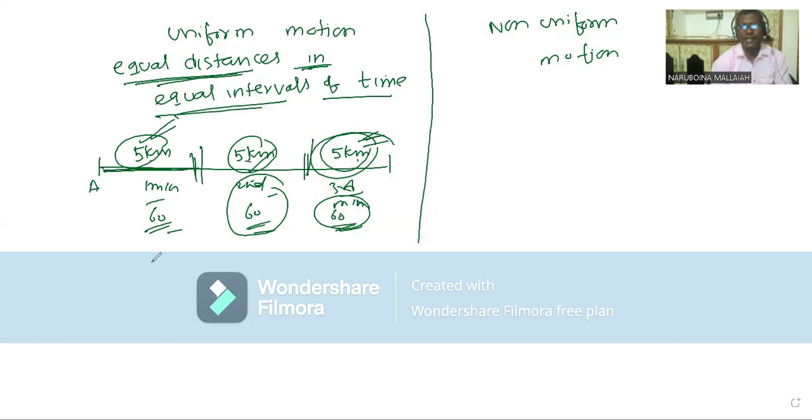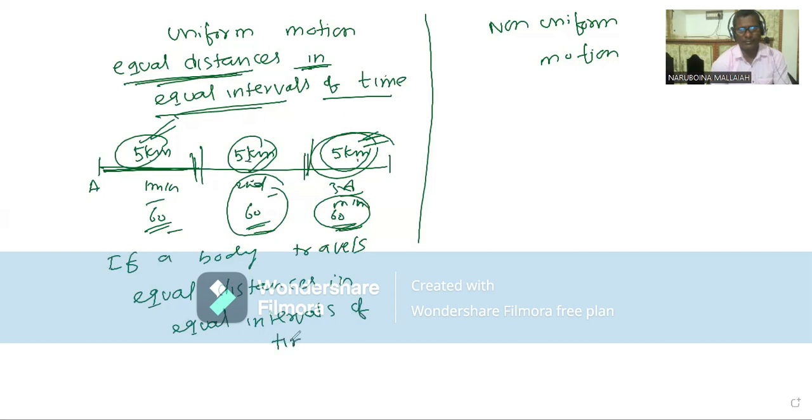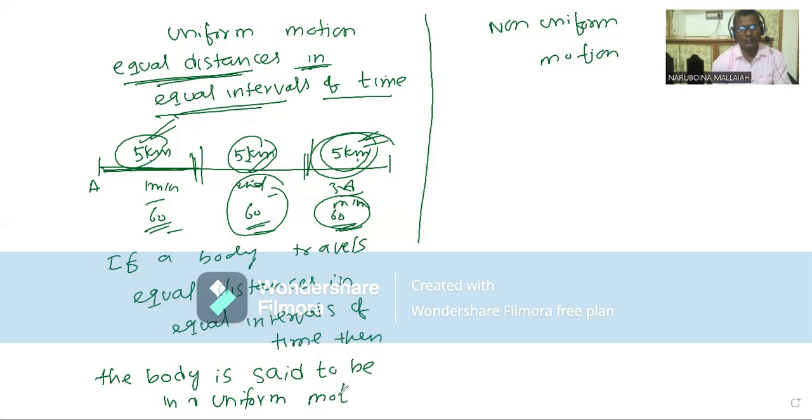So now I can write: if a body travels equal distances in equal intervals of time, then the body is said to be in uniform motion. Now, non-uniform motion.